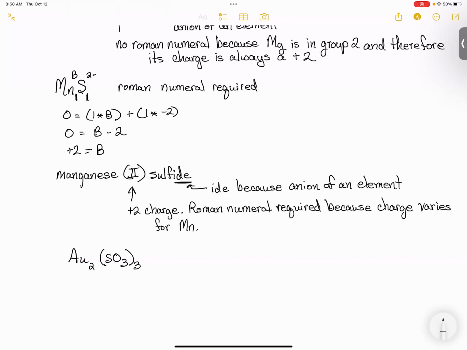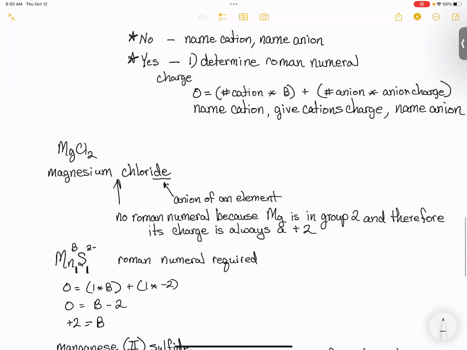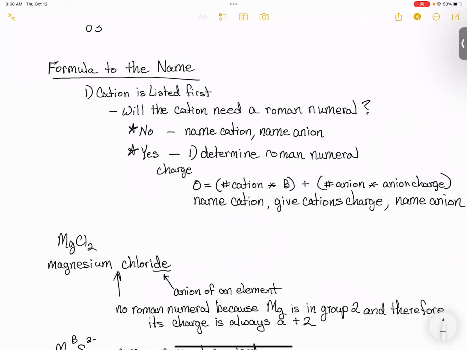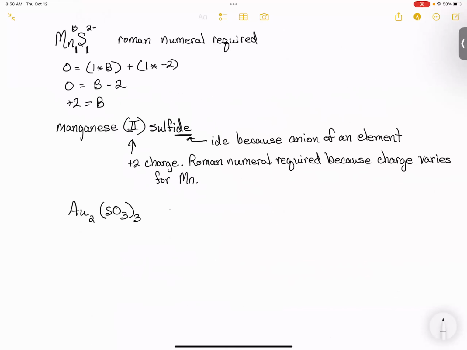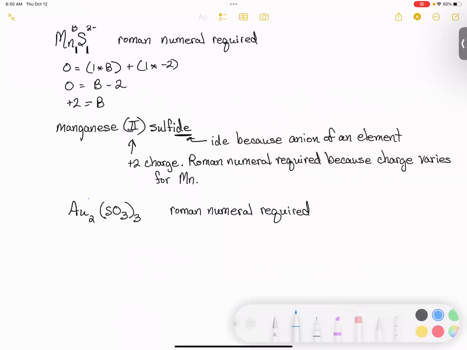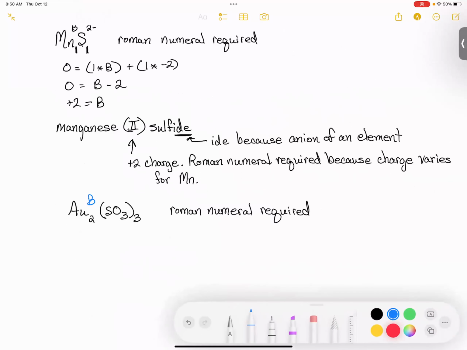First of all, let's deal with the cation. We got to answer this question. Will the cation need a Roman numeral? Yes. So I'm going to assign a B to my gold cation. And what is sulfite SO3's charge?